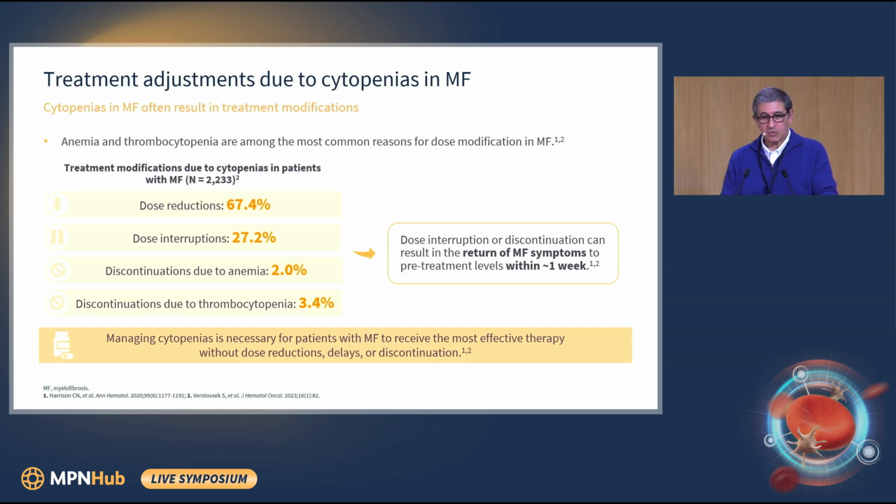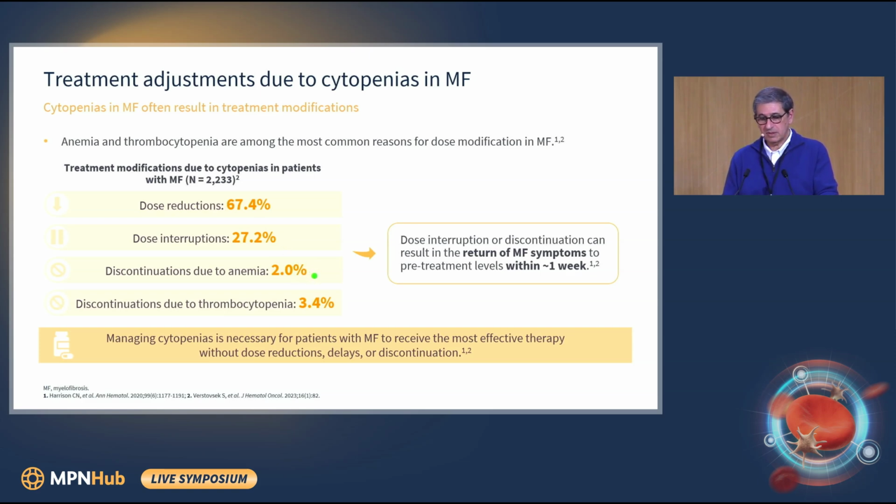Finally, cytopenias also do lead to changes in our treatment strategy, or the way we treat these patients, and treatment modifications due to cytopenia are summarized on these slides. It leads often to dose reduction in more than 60% of the patients, interruption in more than a quarter of the patients.